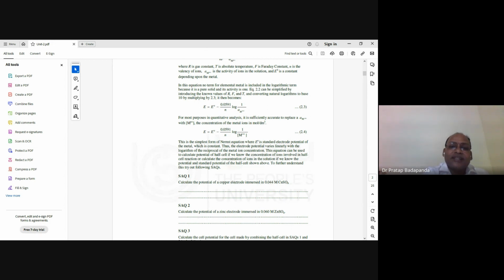So if we take the concentration C, here is copper sulfate, right?